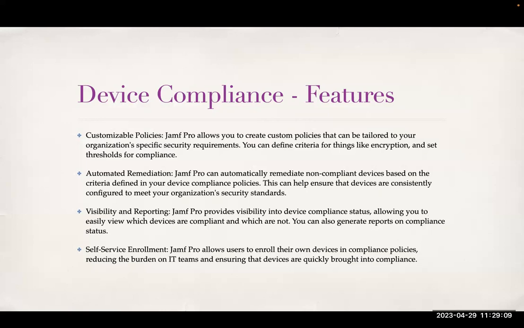This criteria which we define in the smart group is specific to the organization. Whatever your organization is asking as criteria, you can keep that criteria in the Jamf Pro smart group, and whatever devices fit this criteria will be labeled as compliant in Azure AD.